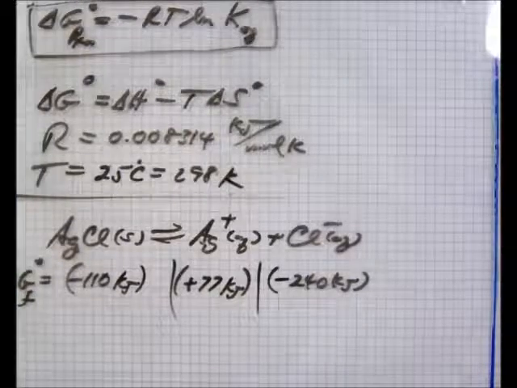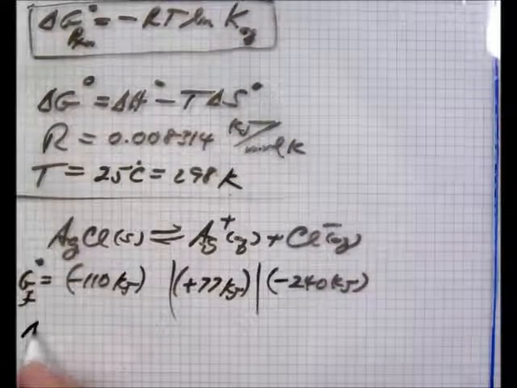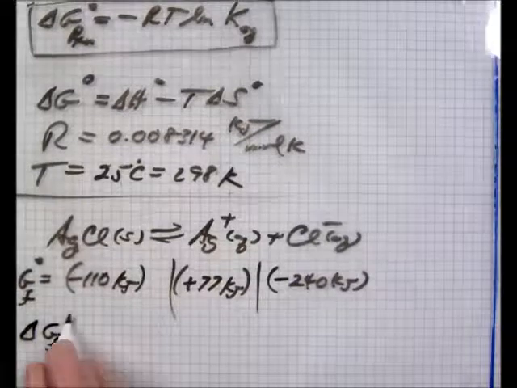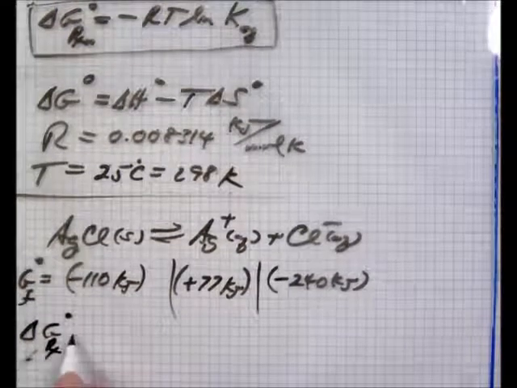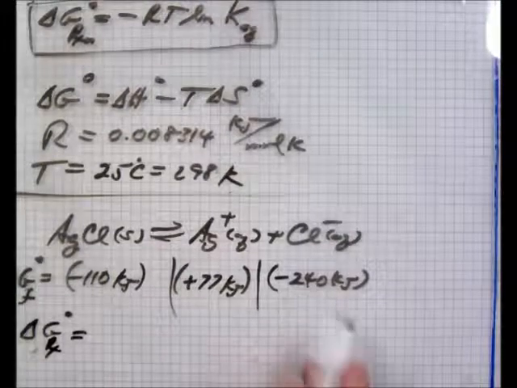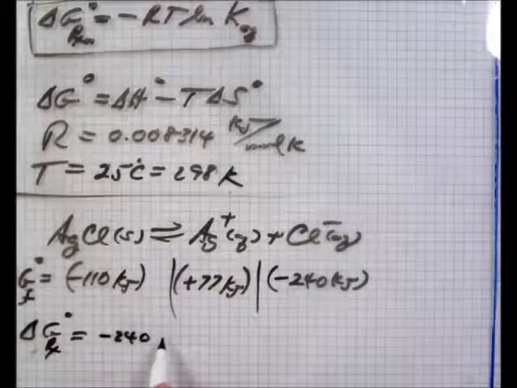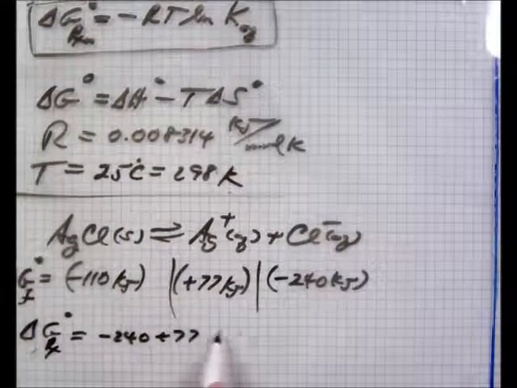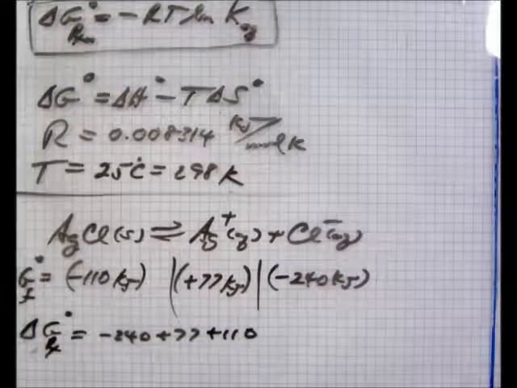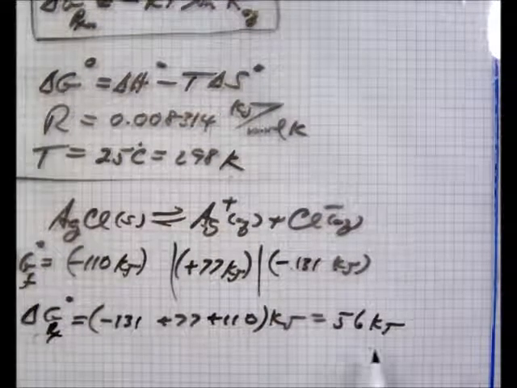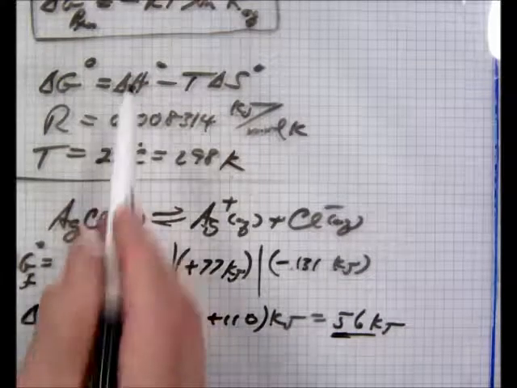So we found delta G formation for the reaction is minus 240 plus 77 plus 110. So we've got a delta G of 56 kilojoules here.